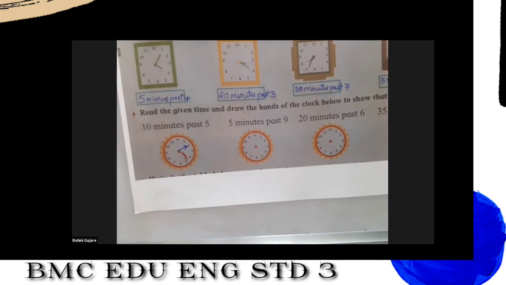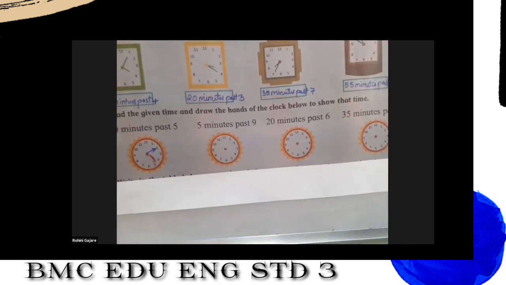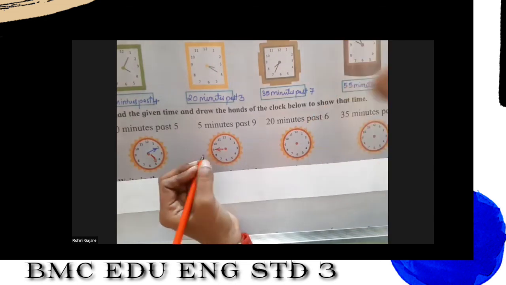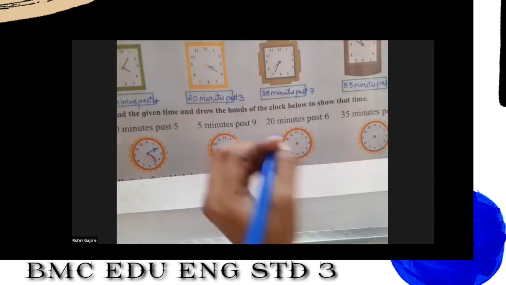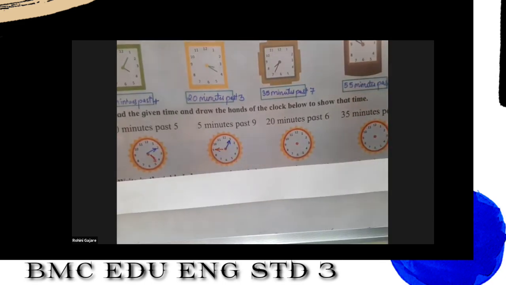The next, see, 5 minutes past 9. The short hand, I will draw with the red pen. The short hand will be on 9 and the long hand on 1. Got it? Yes, good.